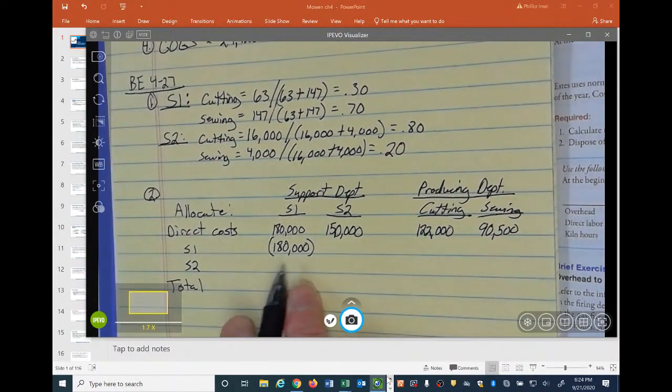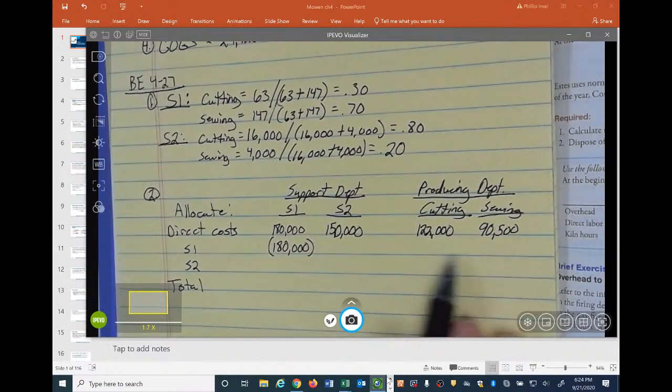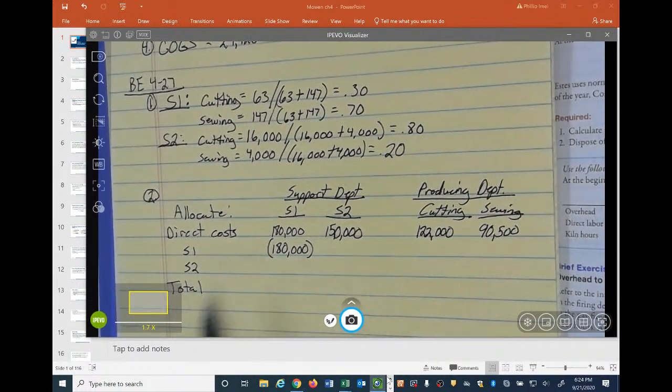Okay, based upon this 180,000, how are we going to allocate that to the cutting and the sewing for S1? 54,000 is going to go to cutting, and 126,000 is going to go to sewing. Right, and how did you get that? Multiplying 180,000 by 0.3 for cutting, and 180,000 by 0.7 for sewing. Right. Everyone see that?